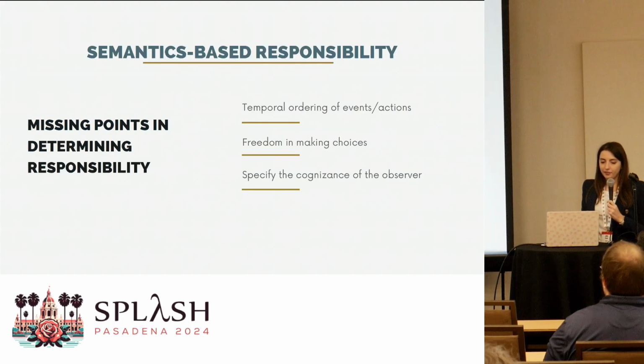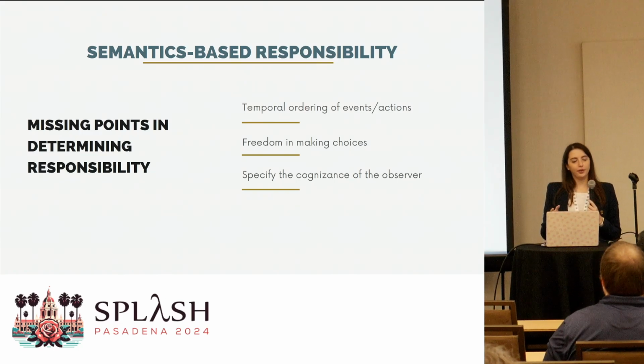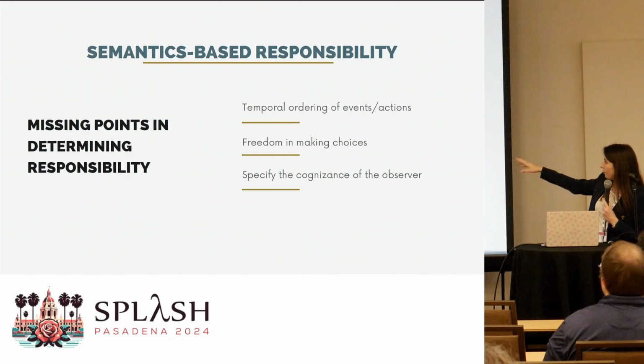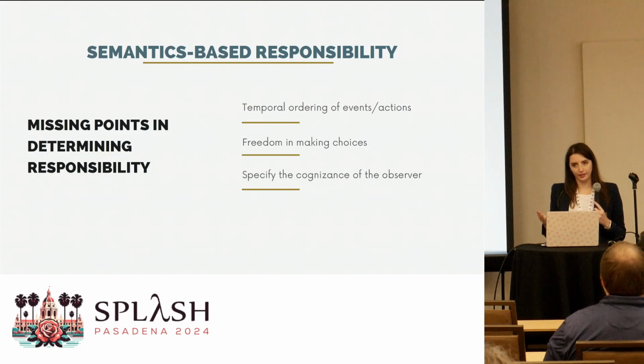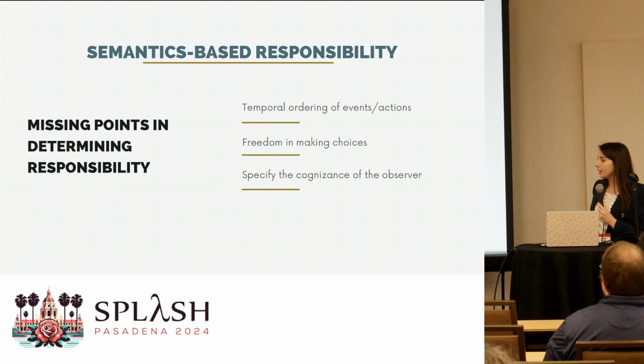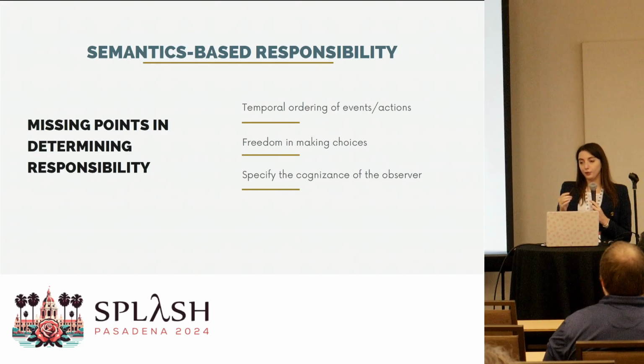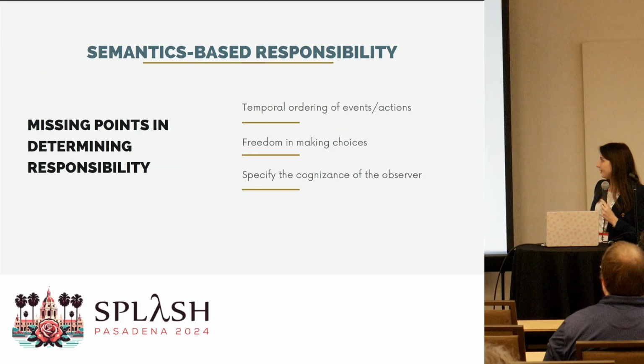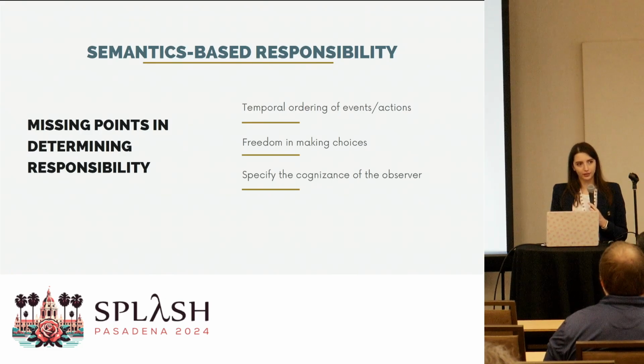Also, in determining responsibility, the three methods seen previously miss three points. First of all, temporal ordering of events and actions is not taken into account. Secondly, it is useful to understand which entities are free to make choices, since they are the ones who can be responsible for a certain behavior of interest.